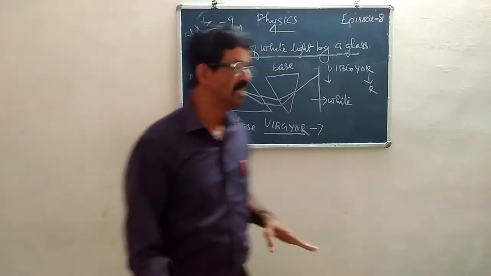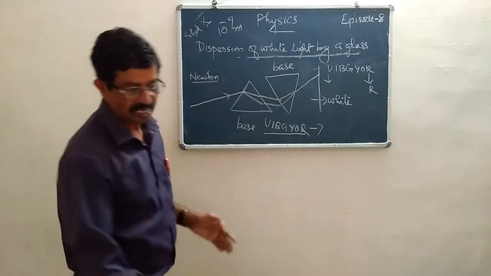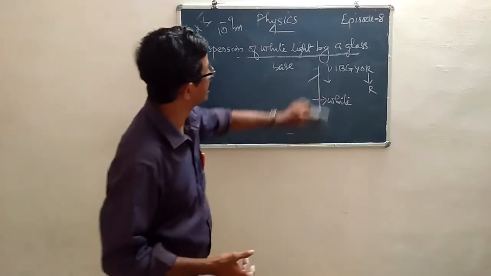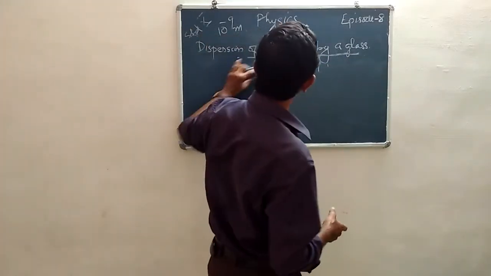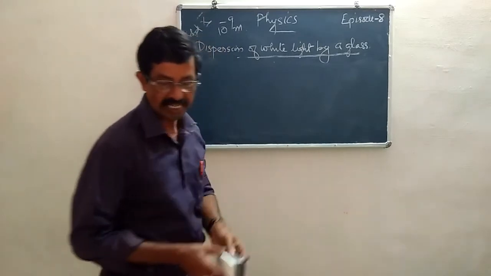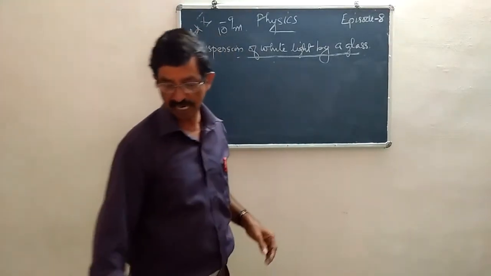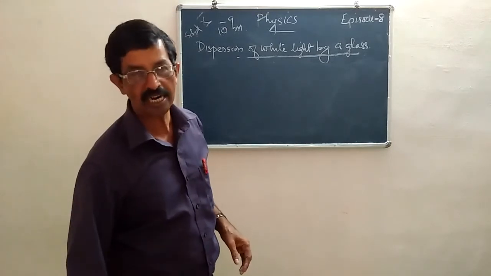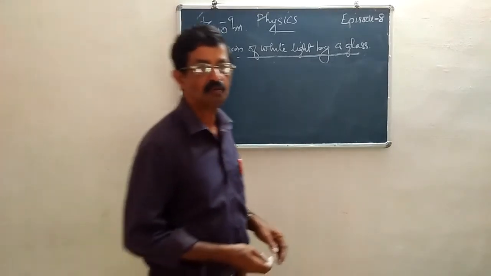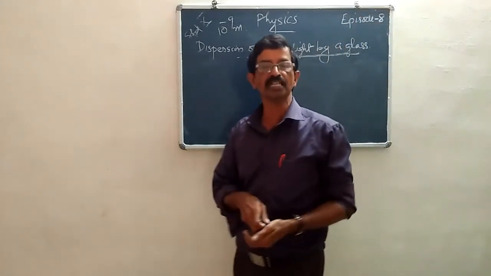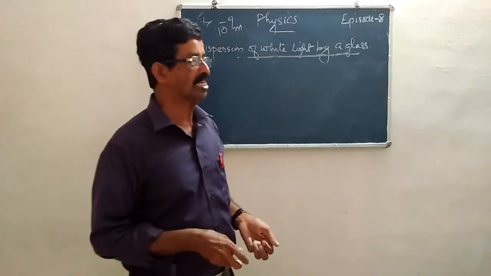They are the things. And what is actually the spectrum of white light? The spectrum of white light is the colors from violet to red, all colors in the order from violet to red, which you obtained on the screen. That is called the spectrum of white light.